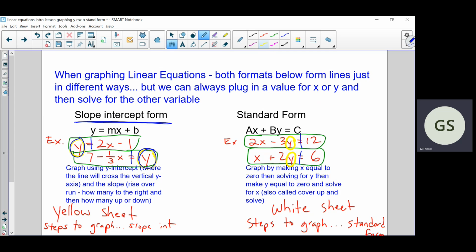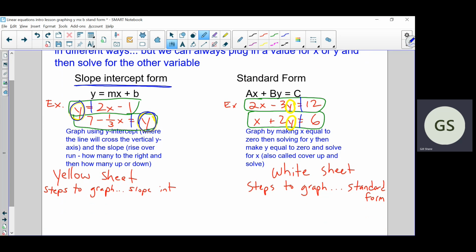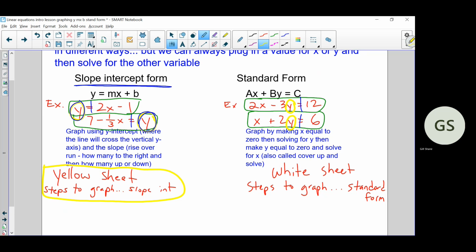Now, really quickly, down here, yellow again, I guess. We have a yellow sheet, if this is my Algebra 1A class at least. The yellow sheet is for graphing when it's in slope-intercept form. It says that at the top. You could just use the yellow sheet, I'd be fine with that, or you could write all of this right here.